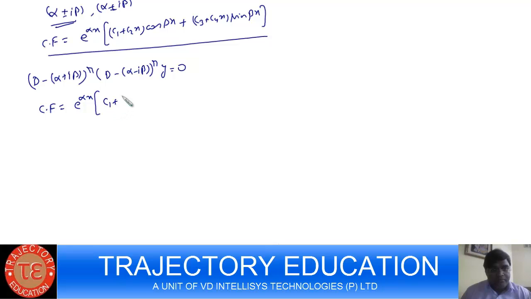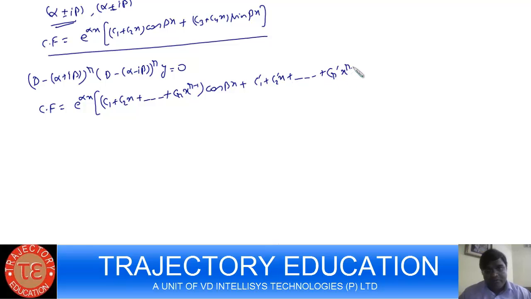Then in that case, this will be c_r x to the power r minus 1 cos beta x and, sorry, this will be c1 dash, c2 dash, this constant will be different, sin beta x. This is going to be the complementary function.